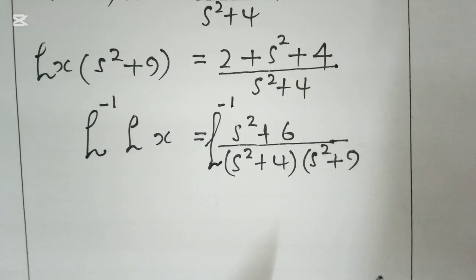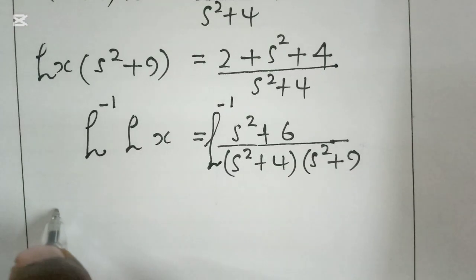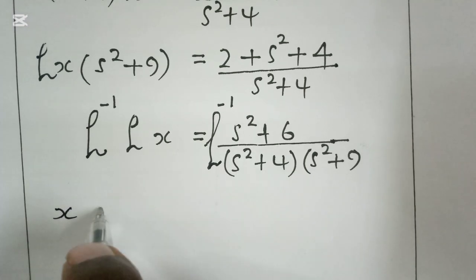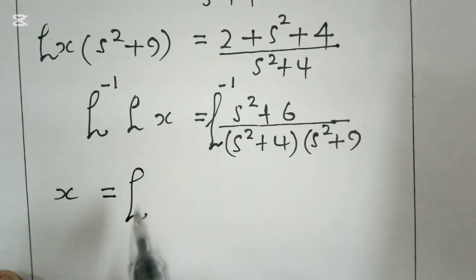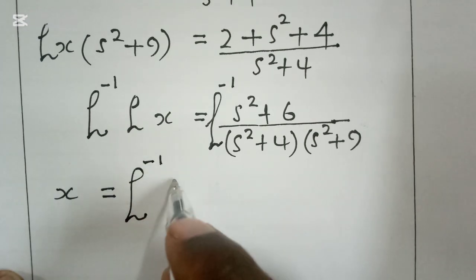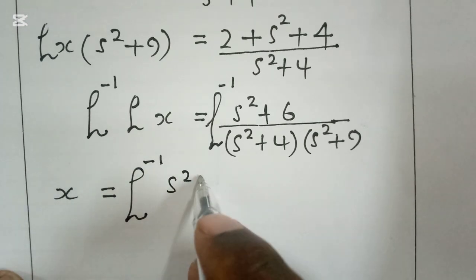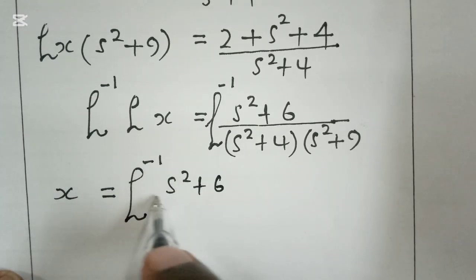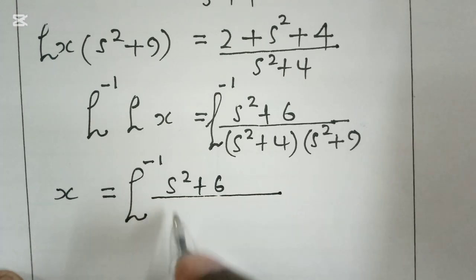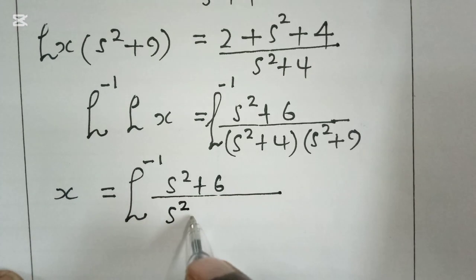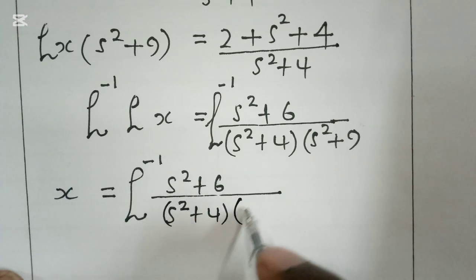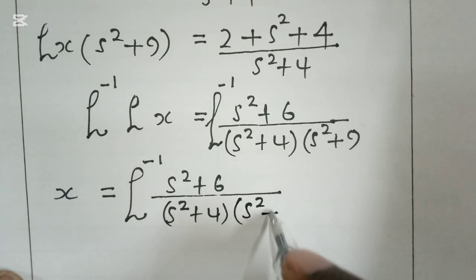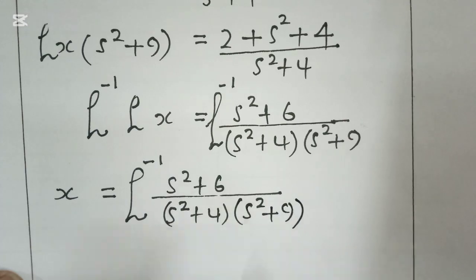So on this side we will get x, and on this other side, we'll have the inverse Laplace transform of s squared plus 6 all over s squared plus 4 times s squared plus 9, like that.